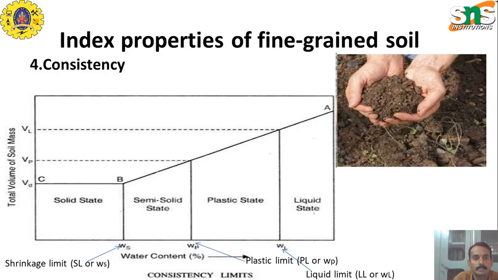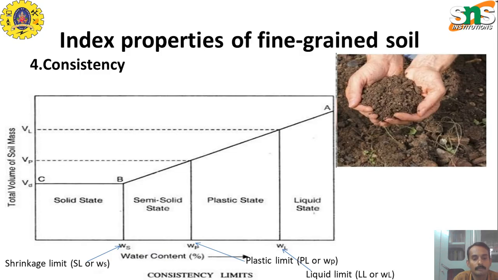So there are various consistency limits of soil which represent the amount of water content which is used to identify the different states of soil. First one is solid state, which contains zero water content.